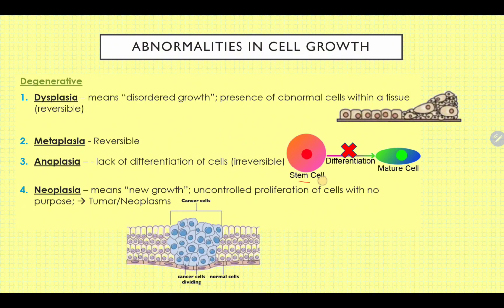Instead of from the stem cell, instead of mag-mature sila into the different types of, let's say for example, this one will become the fibroblast, this will become a fibrocyte muna kasi yun yung immature form. Instead of mag-differentiate siya into the different klase ng mga cell types, hindi nila nagagawa. So, ibig sabihin, these are group of immature cells that lack differentiation.